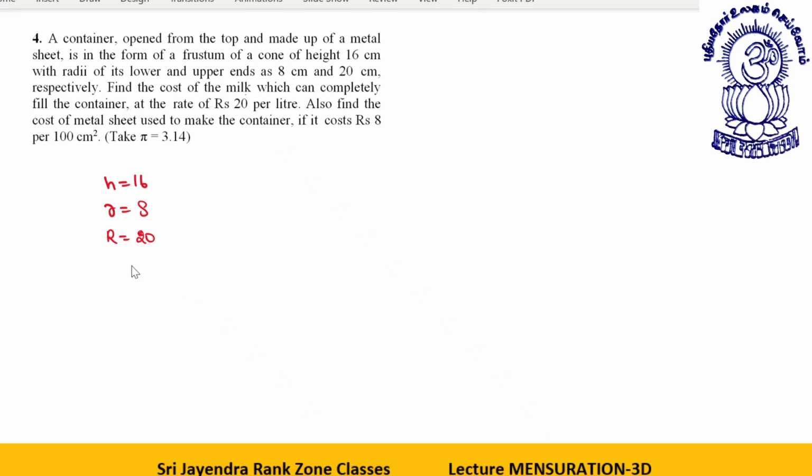See, first of all, let's say volume of container. What will be the volume of container? It will be 1 by 3 pi times R square plus r square plus R into r, into h. This will be 1 by 3 into 22 by 7, or let it be pi only. Right now I'm writing it pi only.